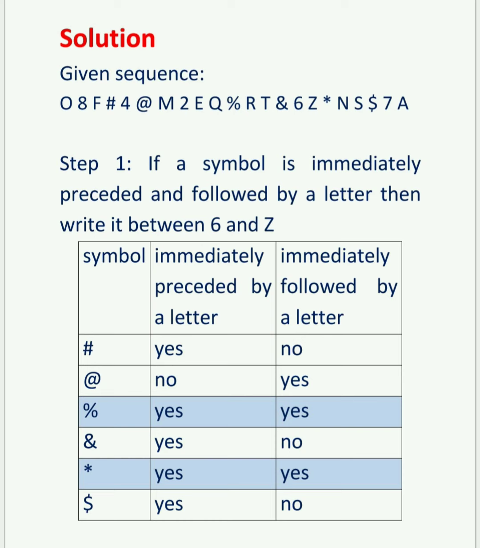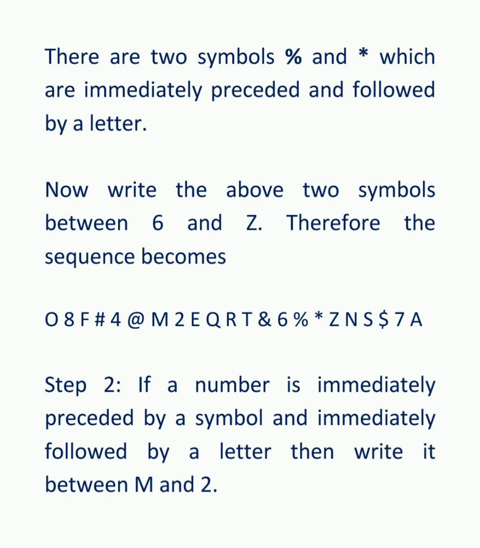Dollar: preceded by a letter yes, followed by a letter no. So from the table we conclude that two symbols, percentage and star, are immediately preceded and immediately followed by a letter. Now we rewrite the sequence with the symbols percentage and star right between 6 and Z. Therefore the sequence becomes like that.